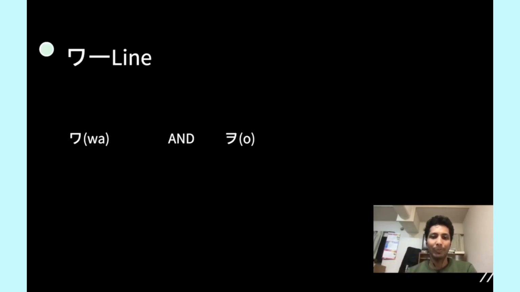Time up. Yes. So o is the object marking particle that we will be learning later, and mainly used when we start making sentences in Japanese, especially in formal or business settings.